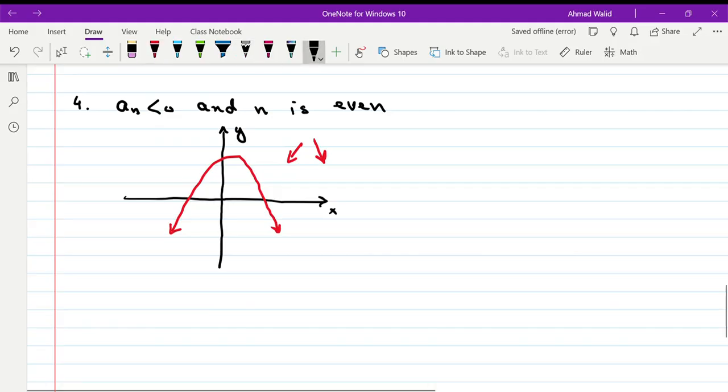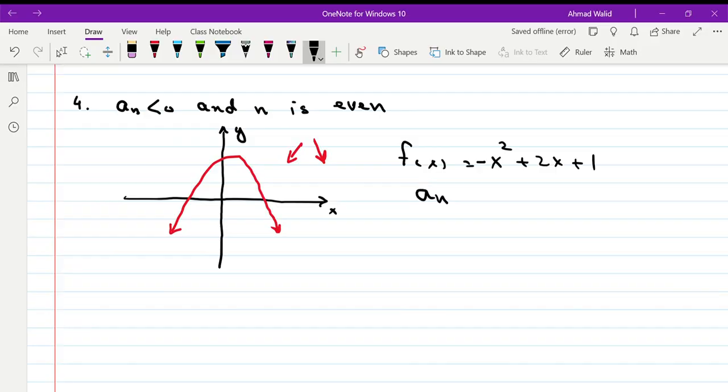Numeric example, with a function, f of x equals negative x squared plus 2x plus 1. A sub n equals negative 1. The leading coefficient is negative 1. n is 2, which is an even number.